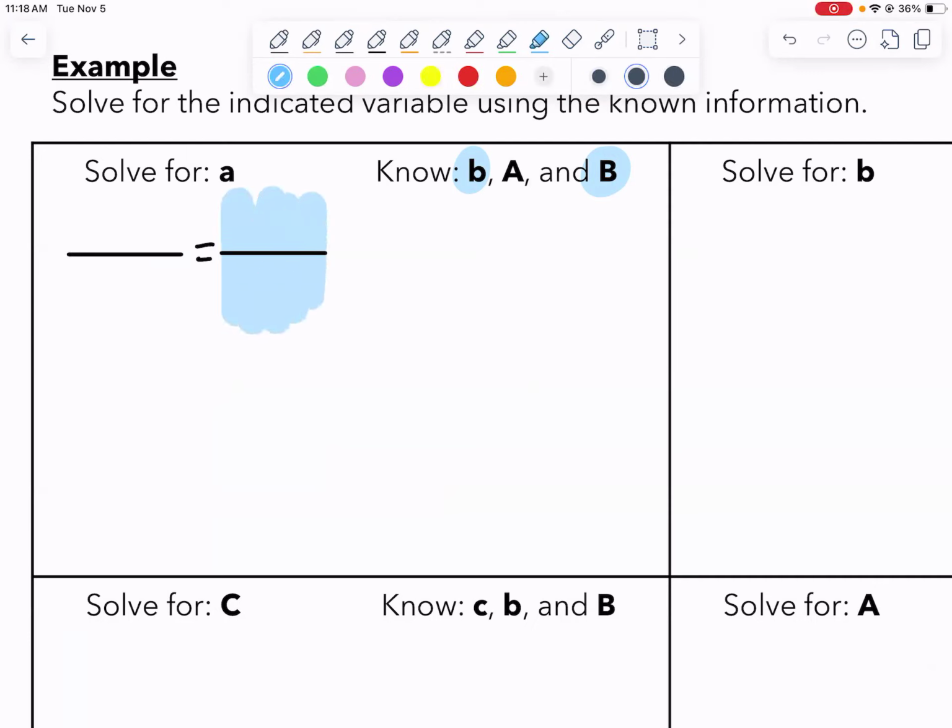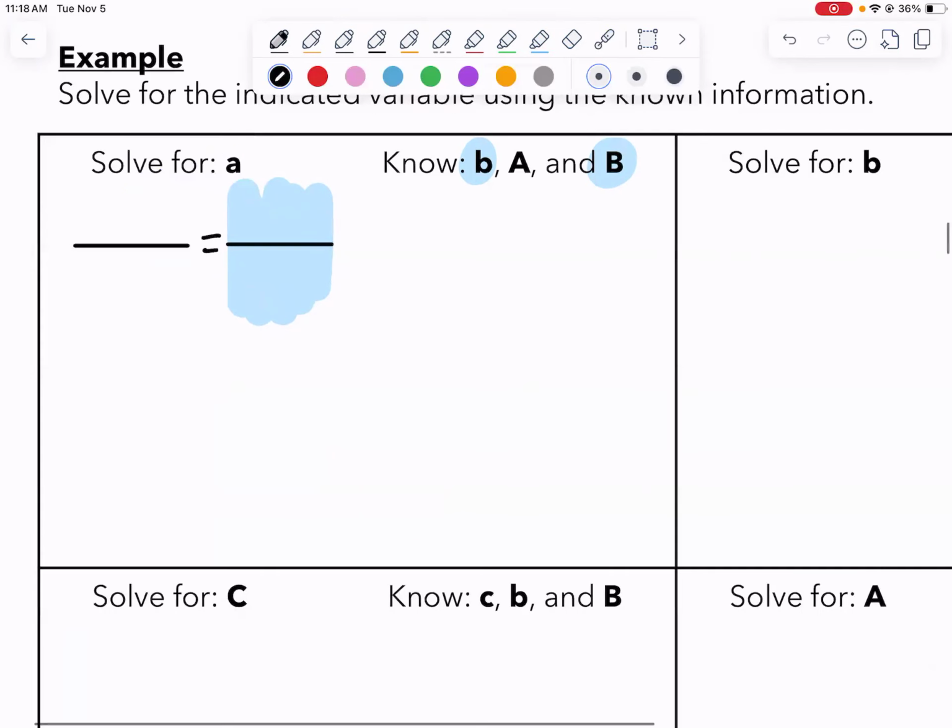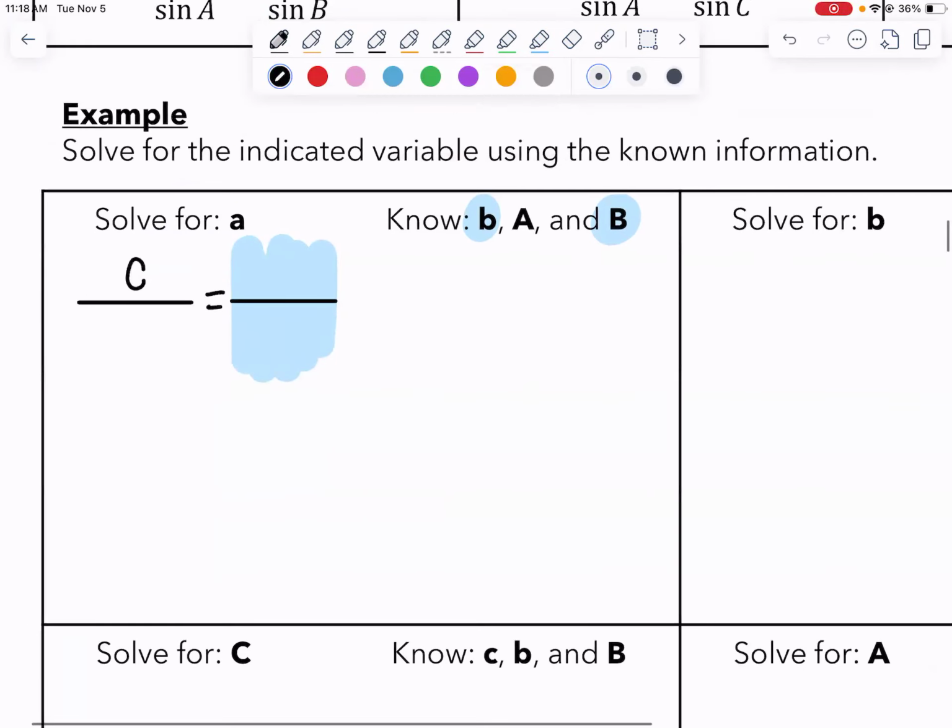The ones we know everything about, so both the numerator and the denominator are going to be B's. I want to put the thing I'm trying to solve for up top here. So I am trying to solve for baby a. So I'm putting that up there, which means that the orientation of this will be baby letters on top, big letters on bottom, and it's sine of angle B and sine of angle A.